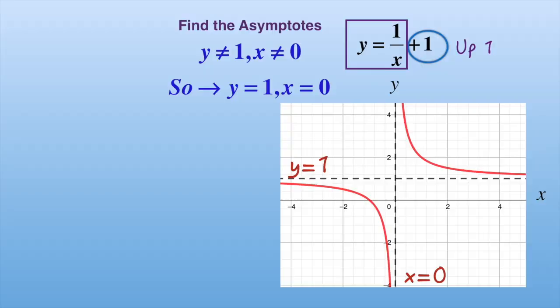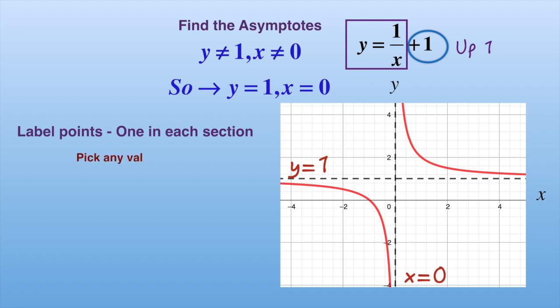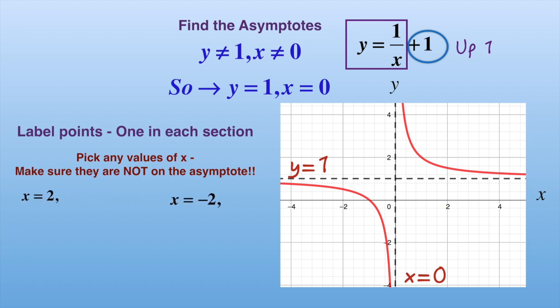Now when we're drawing a hyperbola, you should always label one point in each section of the hyperbola. And our hyperbola will always have two sections because it's got two asymptotes. You can pick any two numbers except for any x values that are on the asymptote. So in this case, we're going to pick x equals 2 and x equals minus 2. But of course, they're not a point until I have a y value.